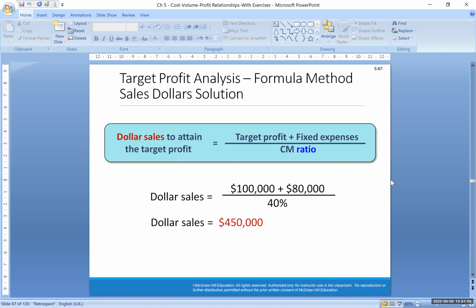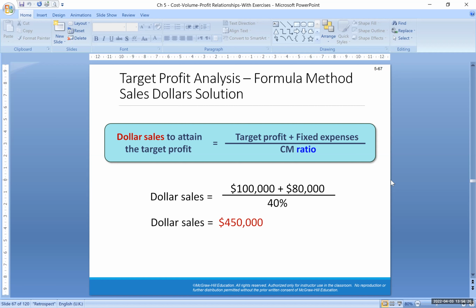So the dollar sales are equal to the target profit of 100,000 plus the fixed expenses of 80,000, divided by the contribution margin ratio of 40%. Then the answer will be $450,000, the total amount of sales in order to get that target profit of $100,000.